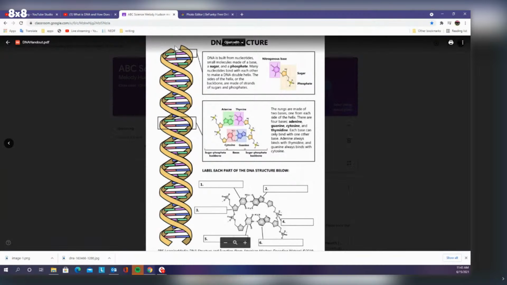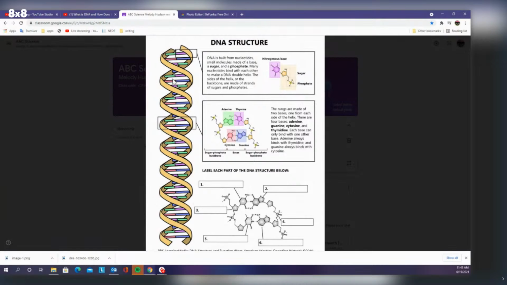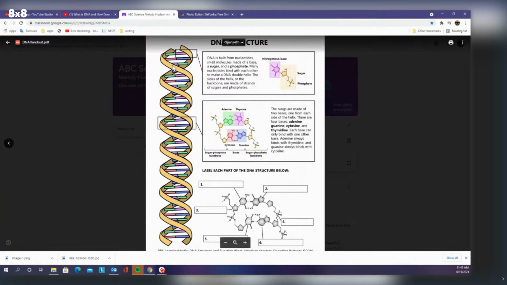Now here you go with these, sugar and phosphate, right, on the exterior. And then we have our rungs of the ladder, and those are our bases. I was getting to it.